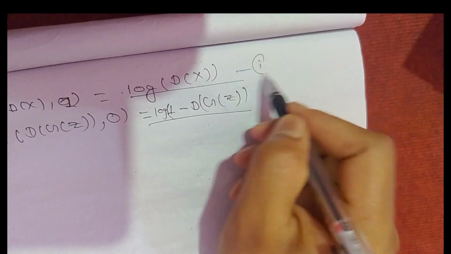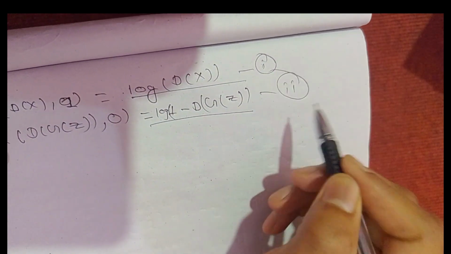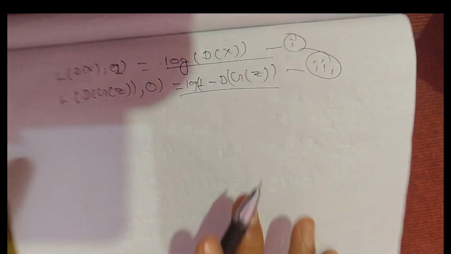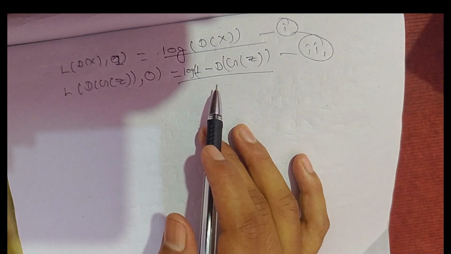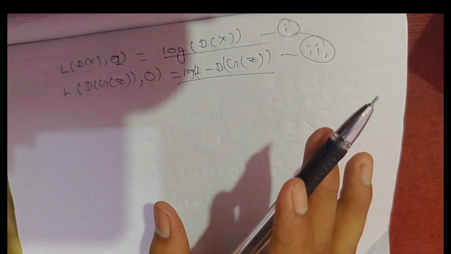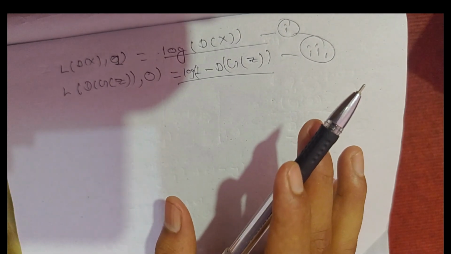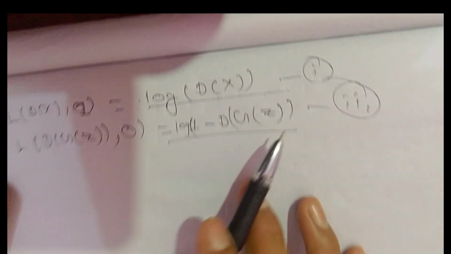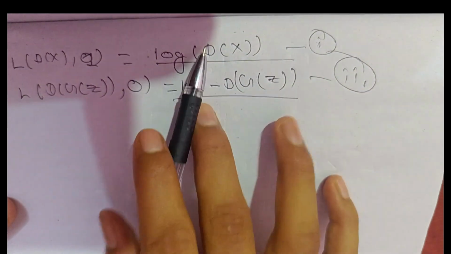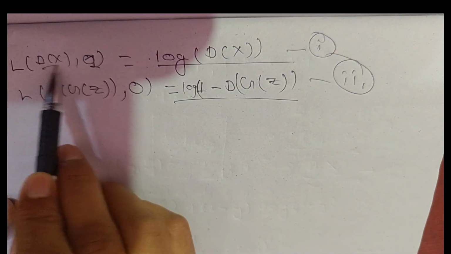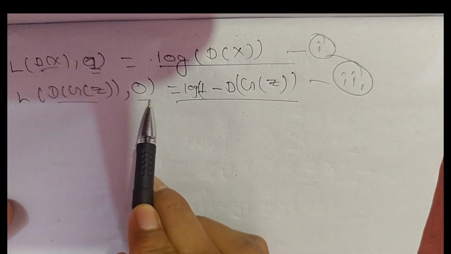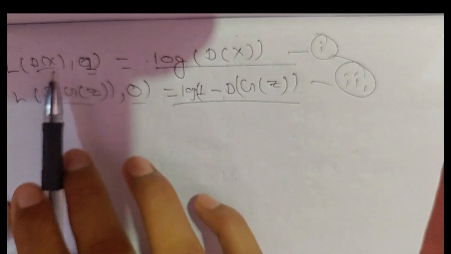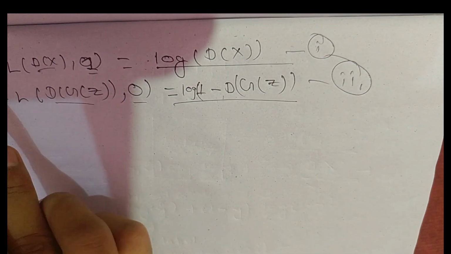We have found these equations 1 and 2. This is suitable for the discriminator. So this satisfies the condition of the discriminator: when this is equal to 1, the equation holds like this, and when this is equal to 0, the equation holds like this. These two equations satisfy the discriminator conditions.